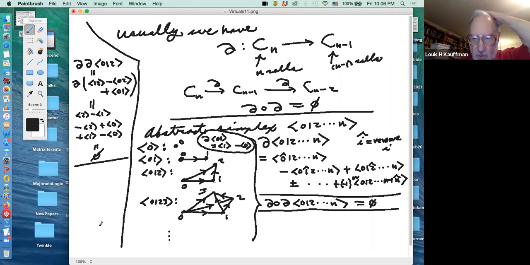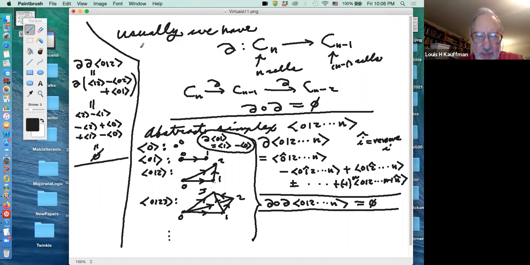So then, if you had a space that was made out of simplices pasted together in various dimensional pieces, but the face of a simplex must be pasted to another face so they would fit together, then you could take a chain complex. You could define Cn to be generated by the n simplices, and you would define the boundaries in this way, and you would have a chain complex.